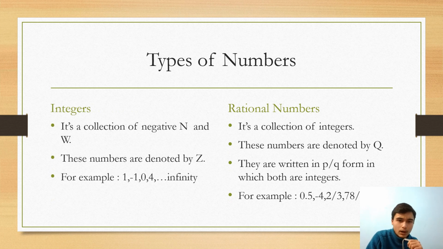Now again types of numbers. Integers. In the previous slide I discussed that whole numbers are also known as non-negative integers. So integers are a collection of negative numbers, natural numbers and whole numbers. These numbers are denoted by Z. For example, 1, -1, 0, 4, till infinity.